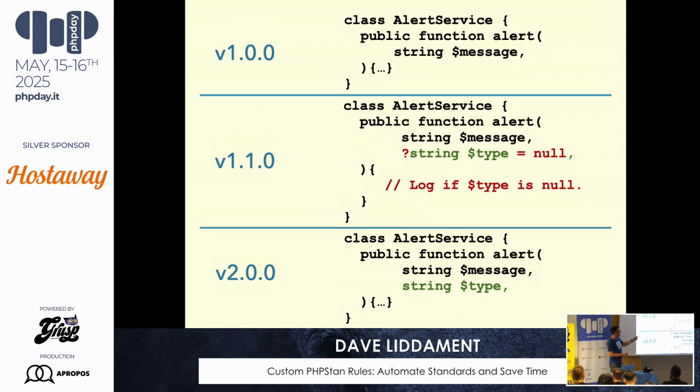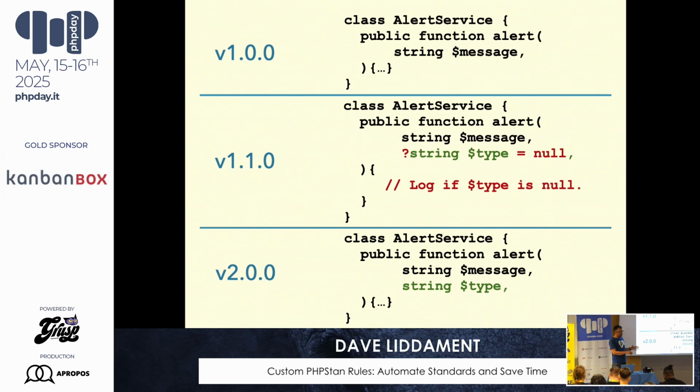So what we're going to do is we're adding in our extra parameter. We'll call it type, we'll make it nullable, and we'll give it a default value of null. That means it's backward compatible, you don't have to change any of your version 1 code for it to work with version 1.1. And when we go to 2, we'll just make it more strict so that $type has to be provided and it can't be null and there's no default value. But this provides us a stepping stone.